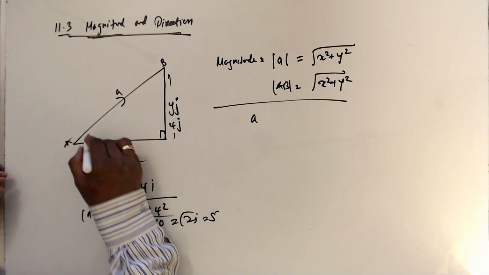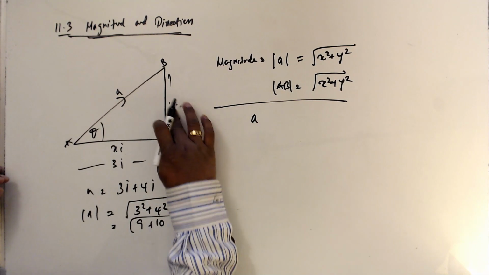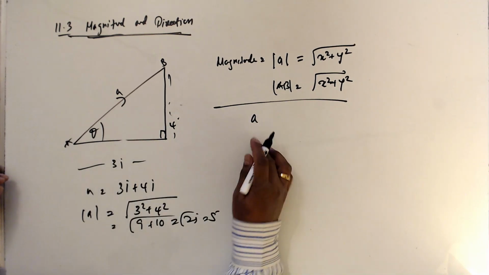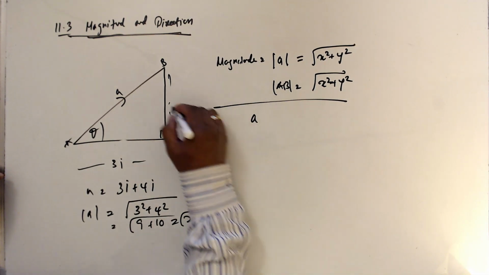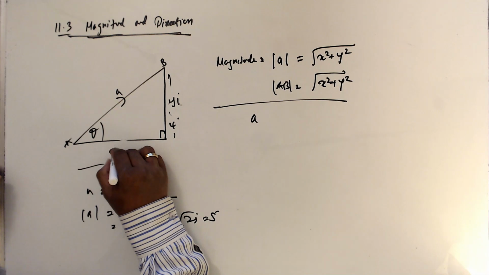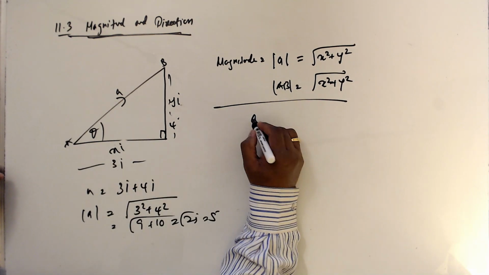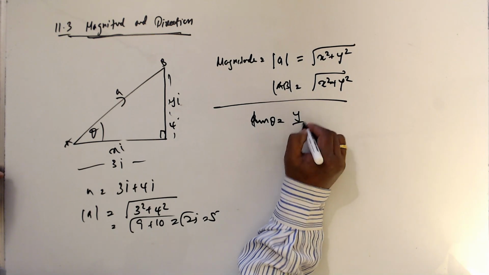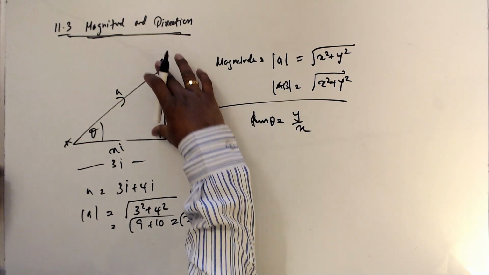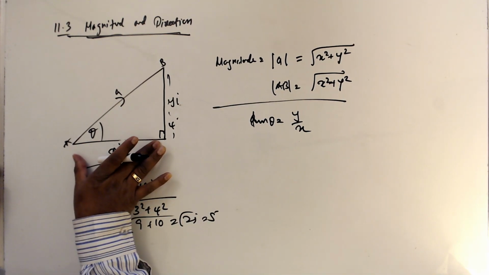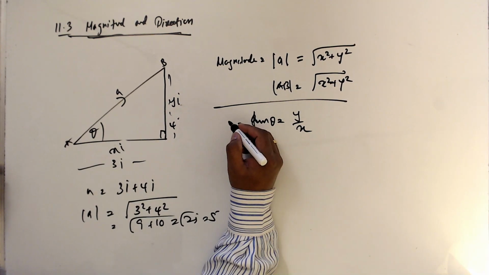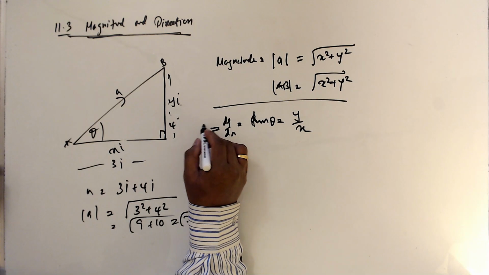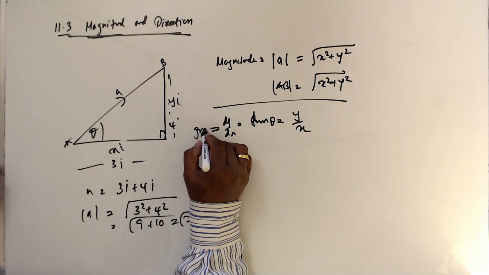And if this is theta, what is the angle? So tan theta equals y divided by x. This side divided by this side, which is dy by dx, or in other words the gradient.